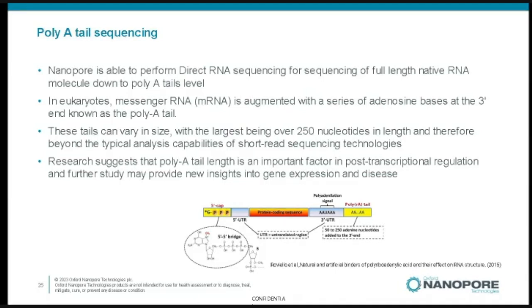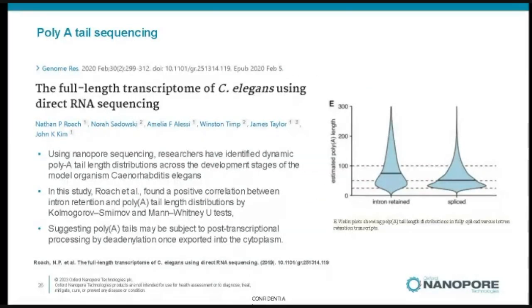Research suggests that poly-A tail length is an important factor in post-transcriptional regulation, and further study may provide new insight into gene expression and disease. In this particular research paper by Roach and their group, they performed sequencing of the full-length transcriptome of C. elegans using direct RNA sequencing.